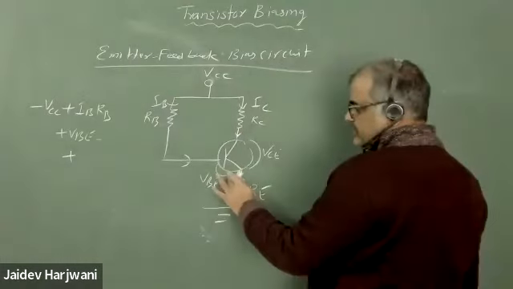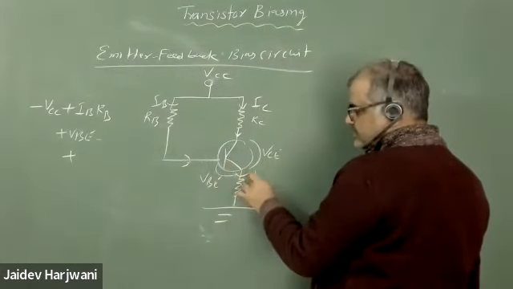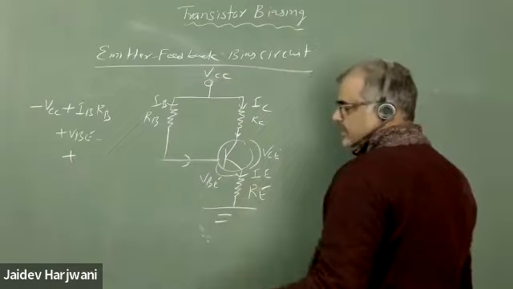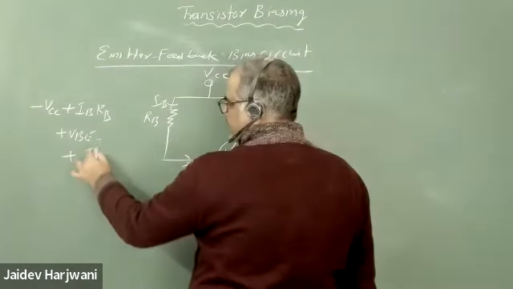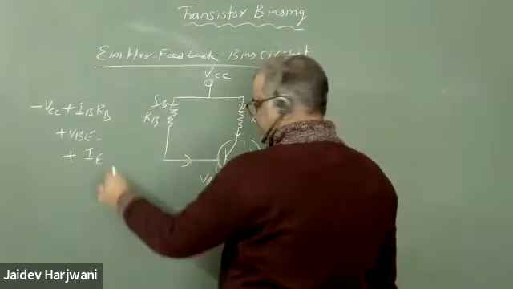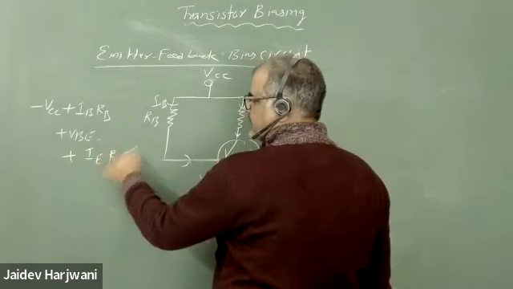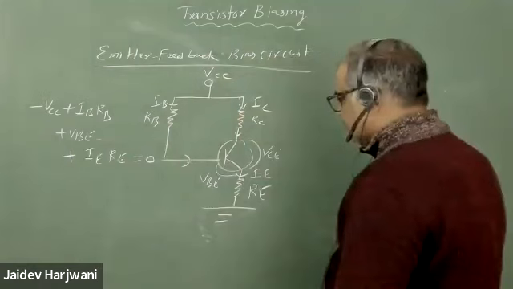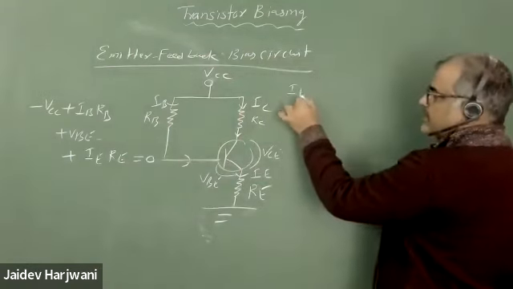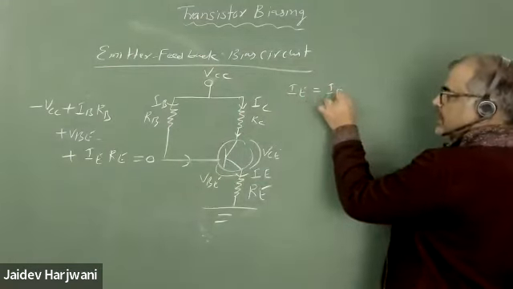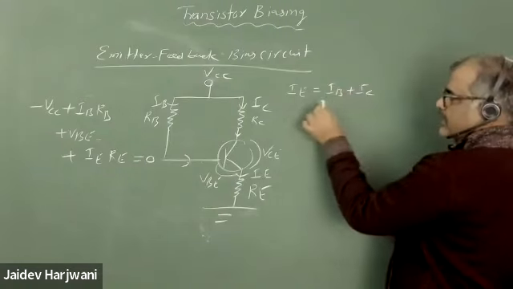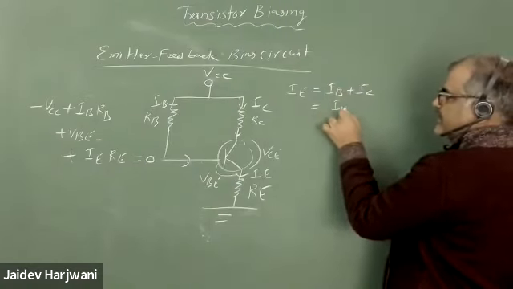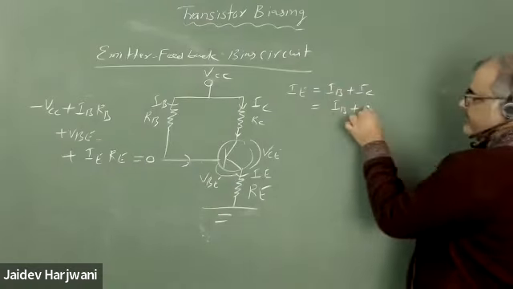So this IB coming here and IC coming here, obviously IE is flowing here. So you can write IE RE equals 0. Now IE equals what? IE is equal to IB plus IC, and IC is your beta IB.